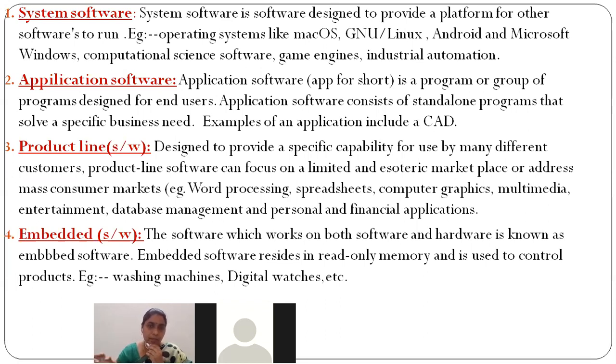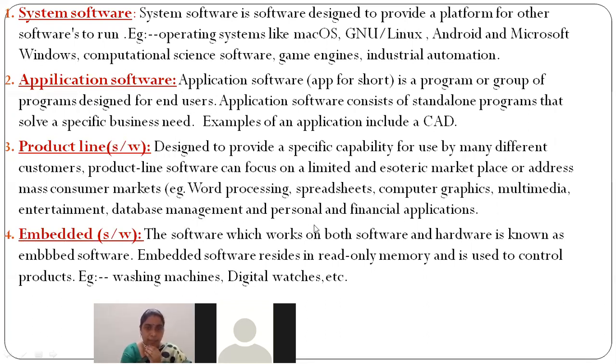Anything a group of people will be using will come under product line software. Examples are word processing, spreadsheets, Excel sheets, and computer graphics, which will be used by most people. Multimedia and entertainment, all the softwares related to entertainment, will be used.